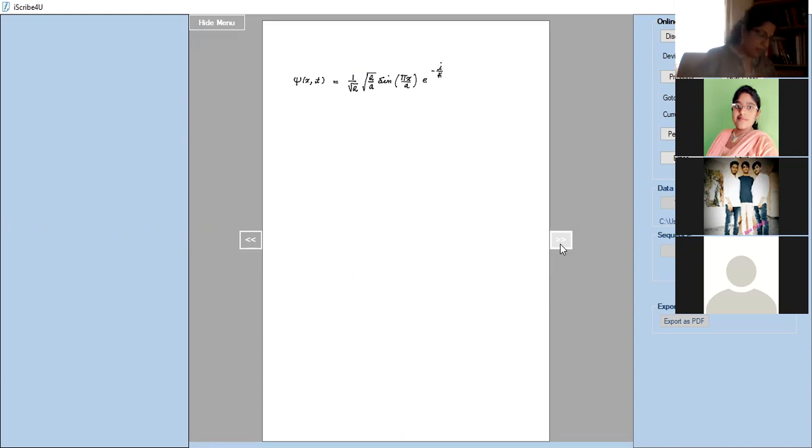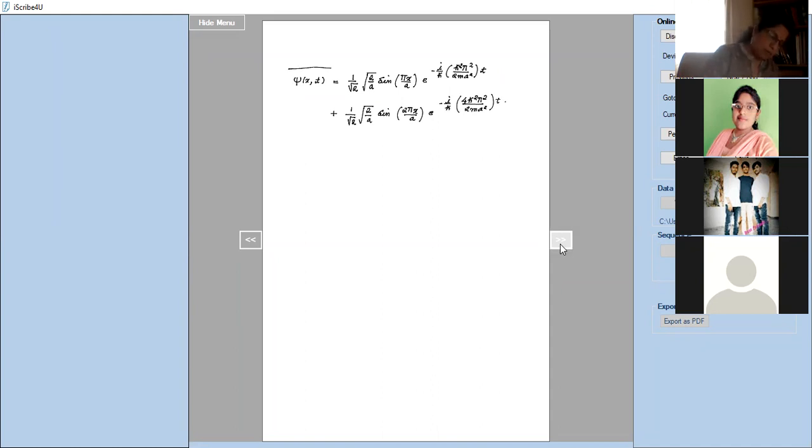And we will put in the first ground state energy, which is going to be h cross square pi square by 2 m a square into t, plus again 1 by root 2, again root 2 by a, and then you'll have sine of 2 pi x by a, e to the power of minus i by h cross, and then you'll have essentially 4 times this, right? So 4 h cross square pi square by 2 m a square.